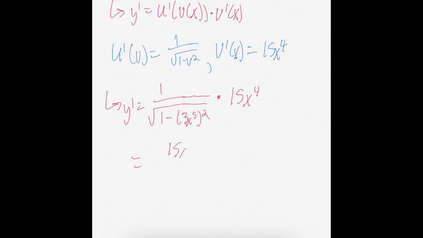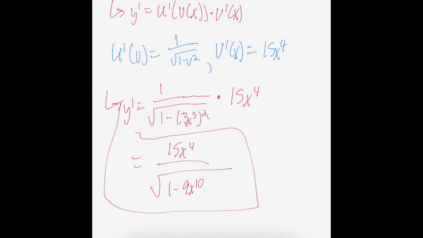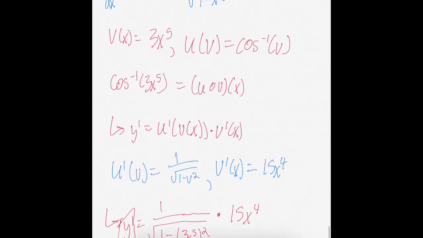And then we're going to multiply that by v prime of x, which is 15x to the 4th. Let me write that another way real quickly. 15x to the 4th over root 1 minus, and if I square this guy, I'll get 9x to the 10th. And that gives us our derivative.